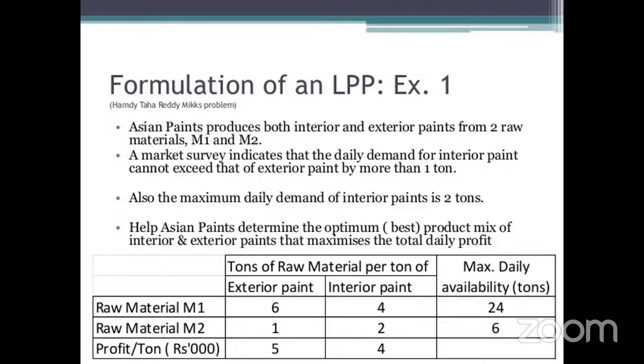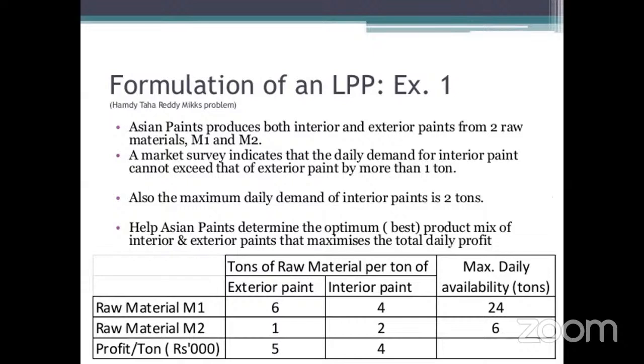But the major basic mistake you have made is taking M1 and M2 as decision variables. That is not correct. Interior paints is X1, exterior paints is X2. Okay? Yes, sir.